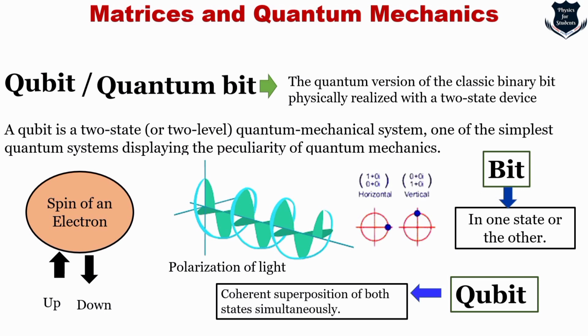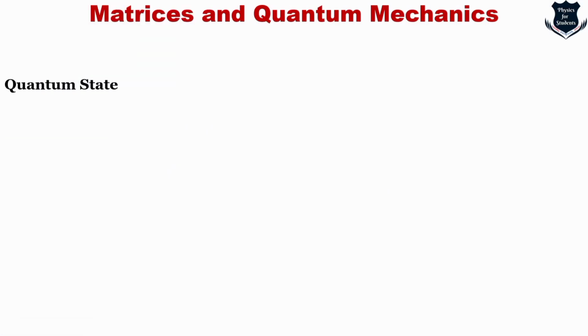Now that we have understood what a qubit is all about, and because a qubit is both of them, not either-or like a classical bit, we will see something more. In quantum mechanics, the quantum system of a qubit can be represented as a linear superposition of two orthonormal basis or state vectors.